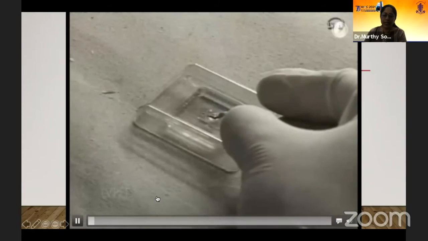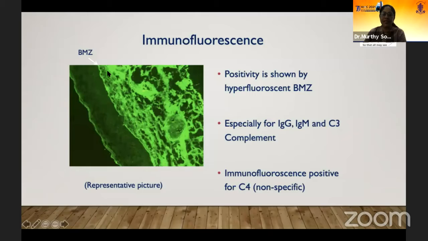With immunofluorescence, what you get is a representative picture, but we would see very bright staining at the edge of the basal membrane complex, and especially when you use stains for IgG, IgM, C3 and complement, these would be very specific. They would be all highlighted in cases of ocular cicatricial pemphigoid, and that's how you can diagnose it.